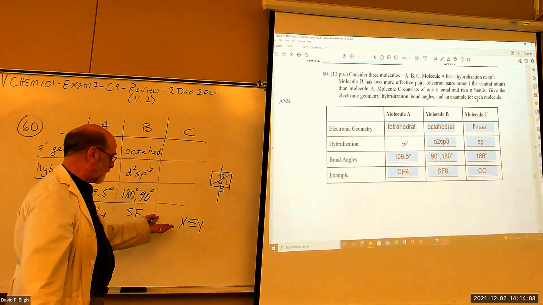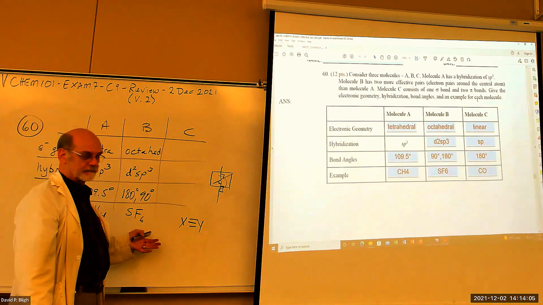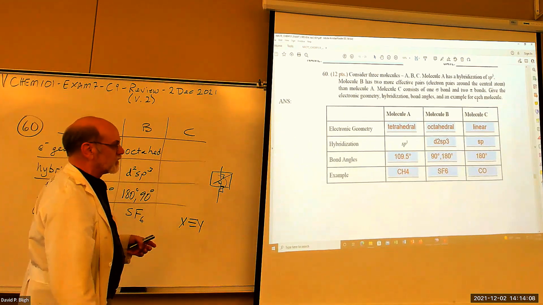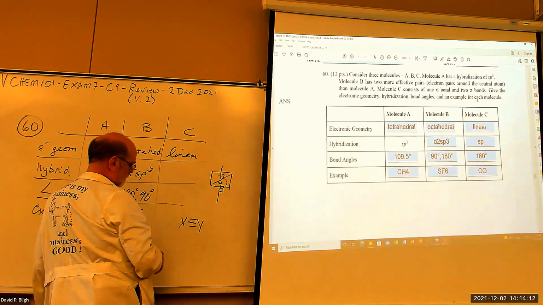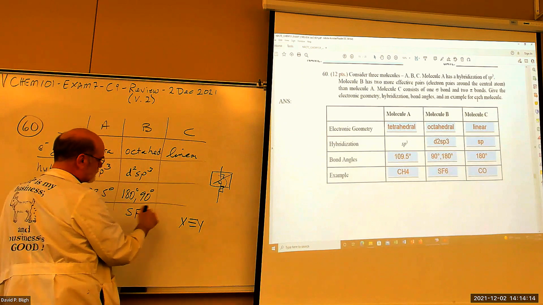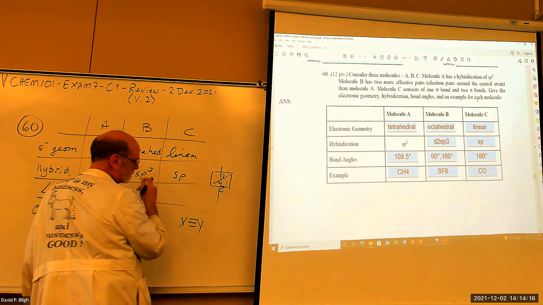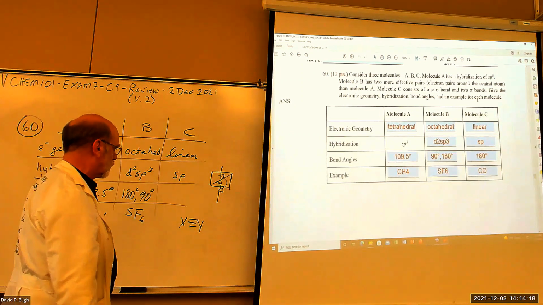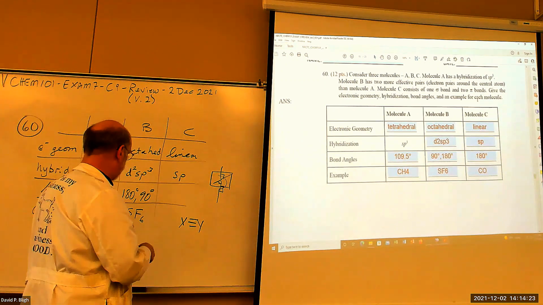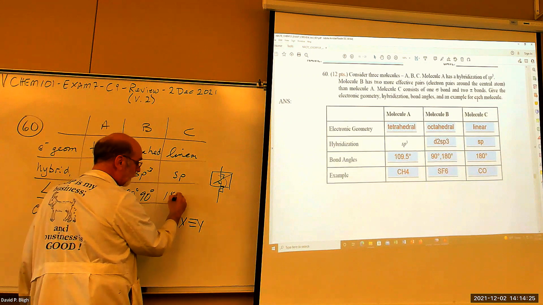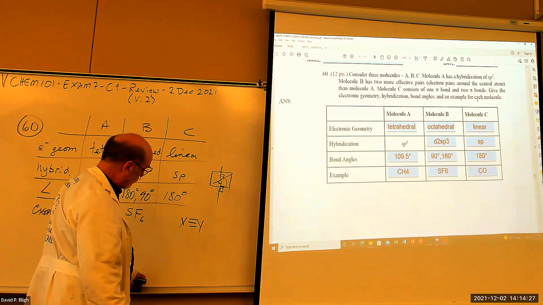They can't go anywhere else because we don't have any more sigmas. So this molecule has to be linear. And the hybridization must be sp, and no other option. The bond angle, of course, is going to be 180 degrees. And a good example.